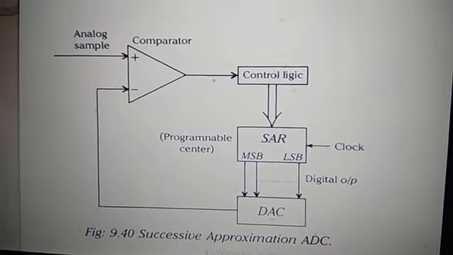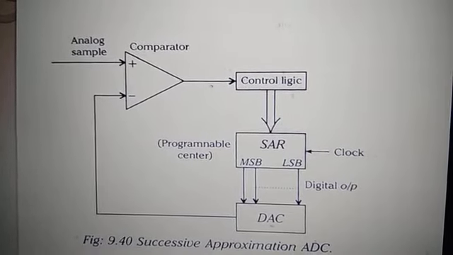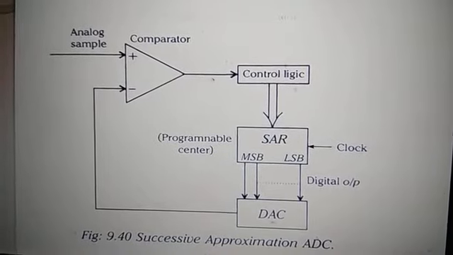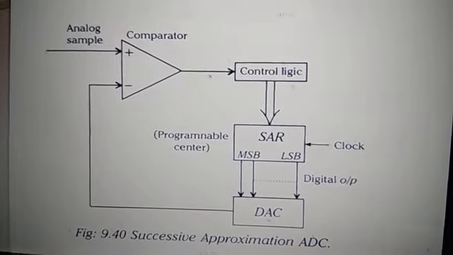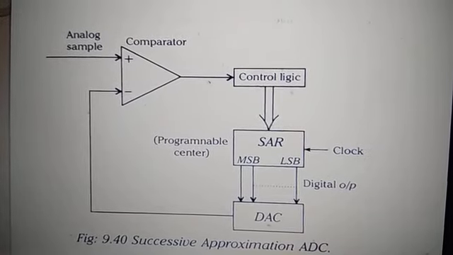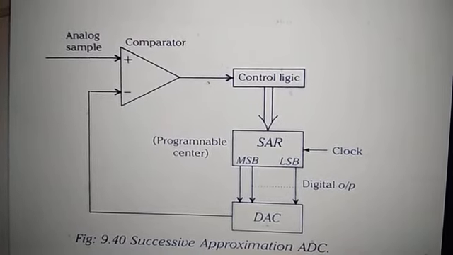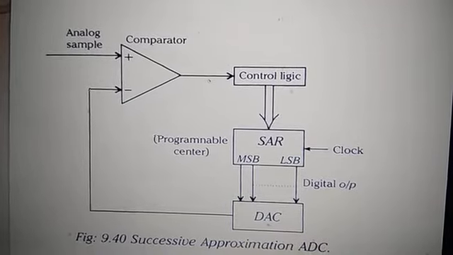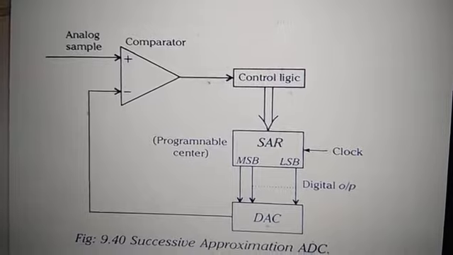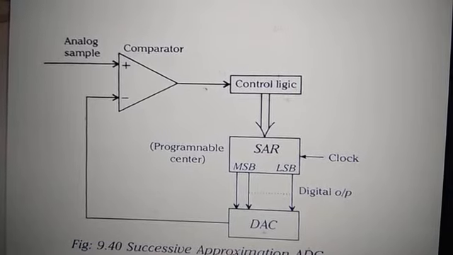It has a comparator, it has a control logic, it has a SAR, successive approximation registers, in which LSB to MSB bits are stored. Clock pulse is applied for the reset and counting to the SAR, from which you will get the digital output.